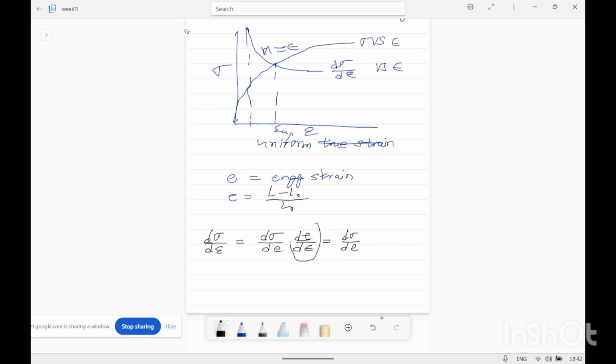So this term, if we write it, dL by L naught over dL by L, that is written as d sigma by dE times L by L naught, means d sigma by dE times (1 plus e).